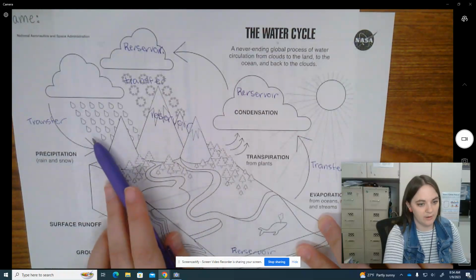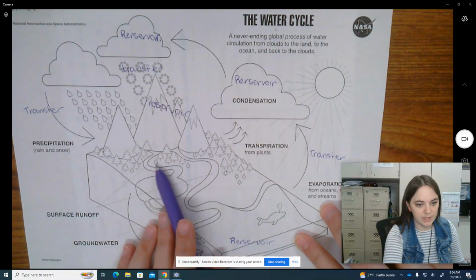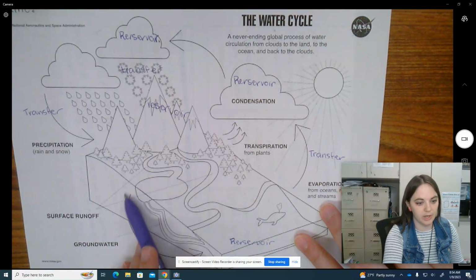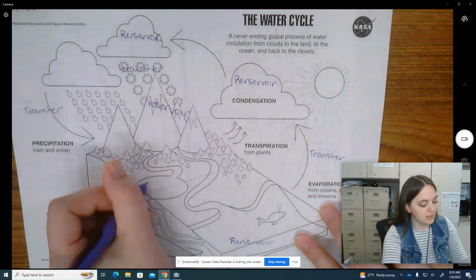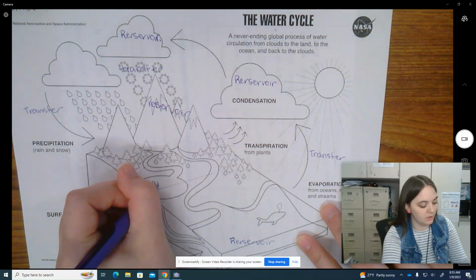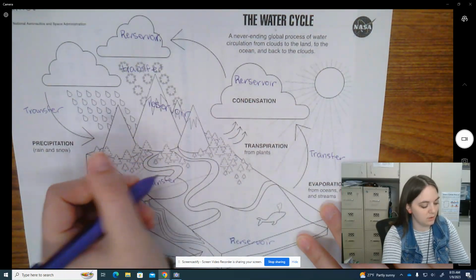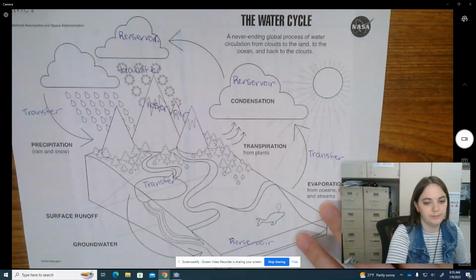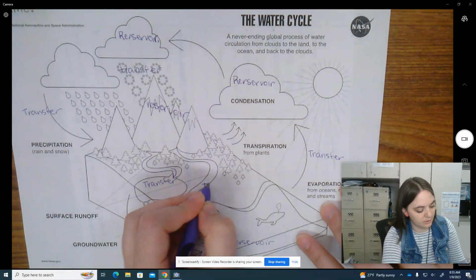Once it melts or after it rains, it goes into the rivers and is moving. So this surface runoff here is a transfer as it's going down into the rivers.